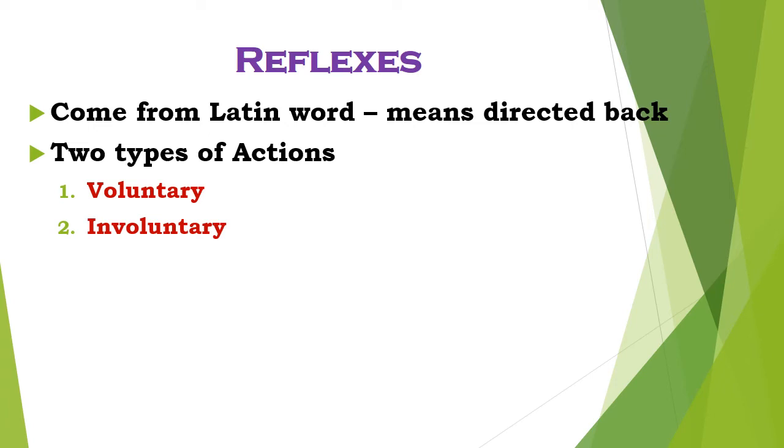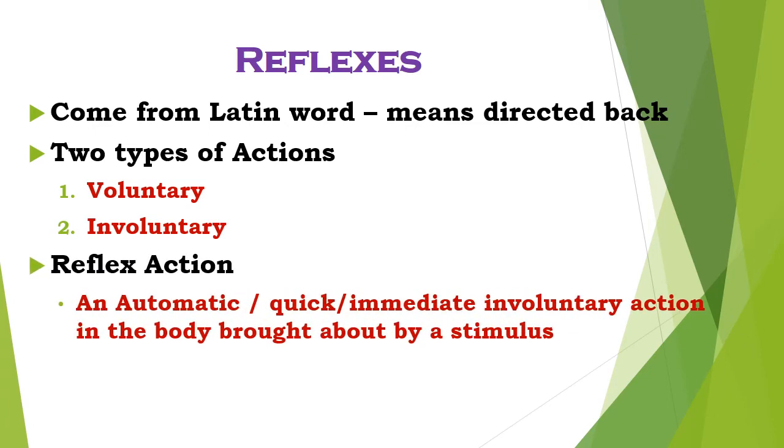An involuntary action occurs unknowingly, and it is also called a reflex. They totally depend on the stimulus, whether it is coming from the internal environment or the external environment. The involuntary action is also known as reflex action.